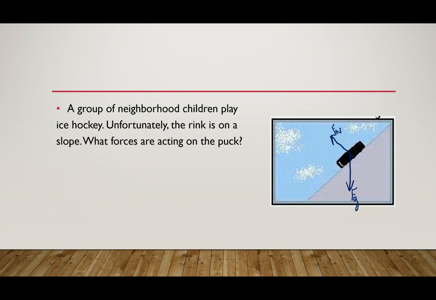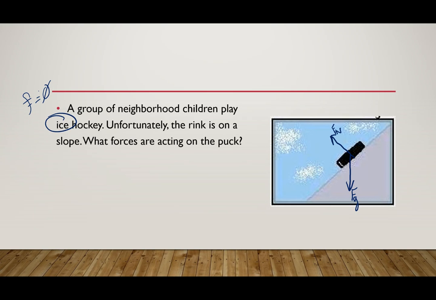Now, something that's important when you see a question with ice: oftentimes we're dealing with friction being 0. So your friction is going to be equal to 0 in this case. So you're definitely going to have accelerated motion going down, unless you have a force being applied up the rink to keep that hockey puck from moving.